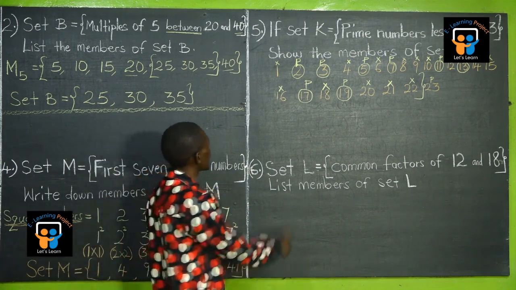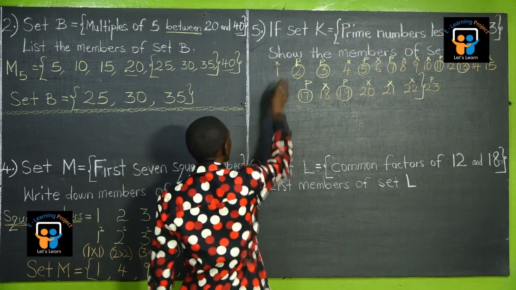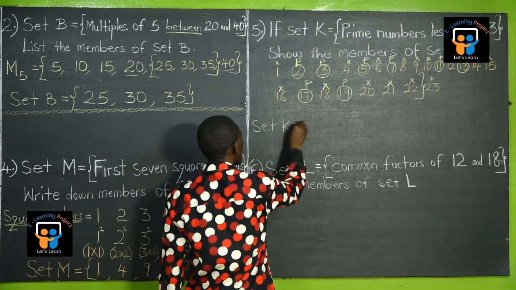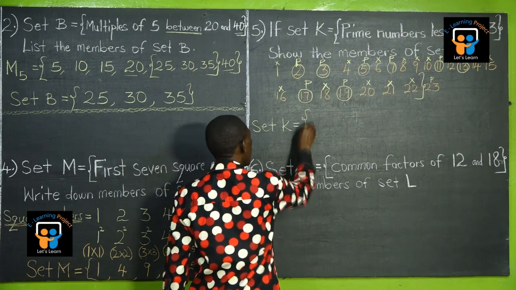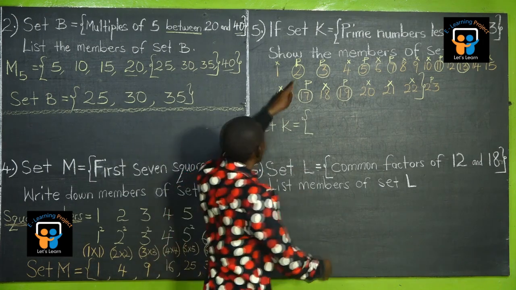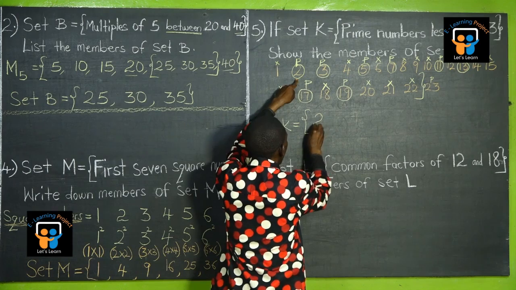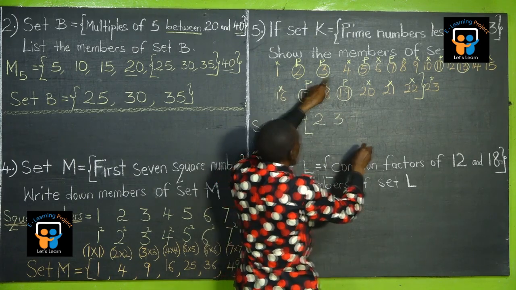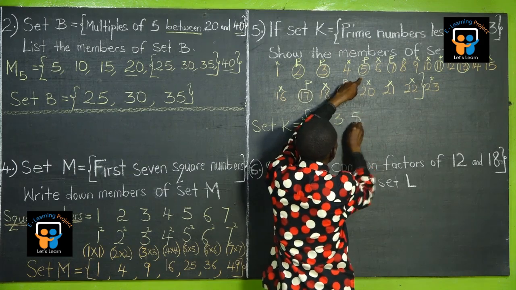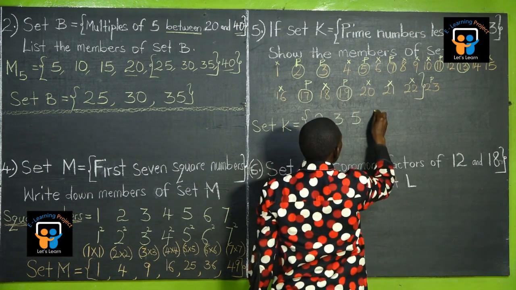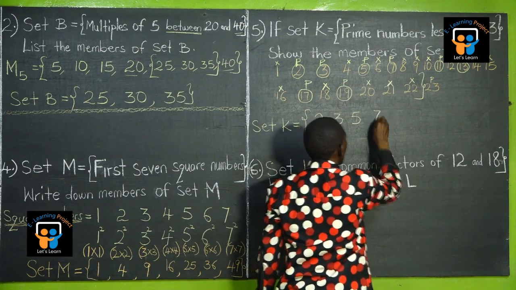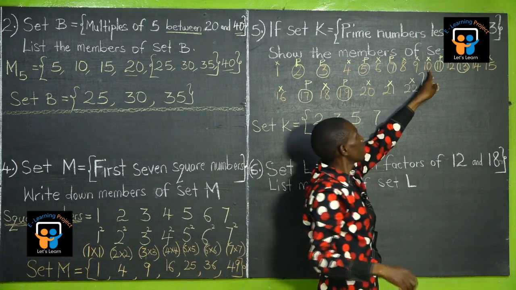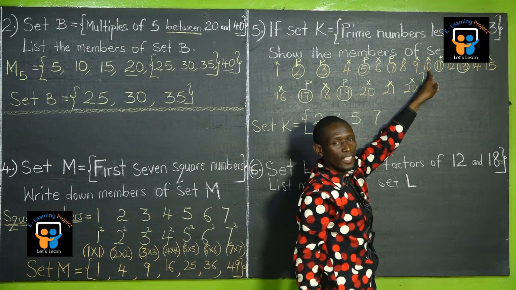So can you write? We are going to say set K equal to, open the curly brackets, begin with 2, then 3 and 5, come to 7, leave 8, 9, 10. They have very many numbers that can divide them.